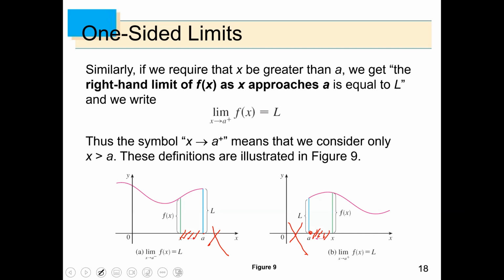Now in the graph, for a plus, when I am close to a, I will go to the graph and see where my graph is going when I am to the right of a. Same for the left. I will take a point to the left and see where my graph is going for a minus.